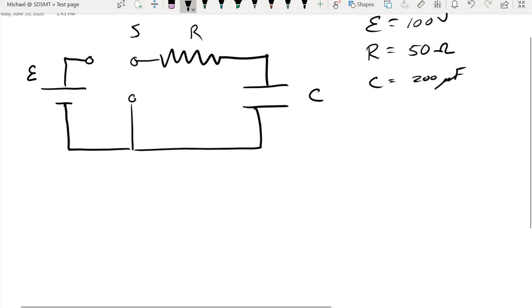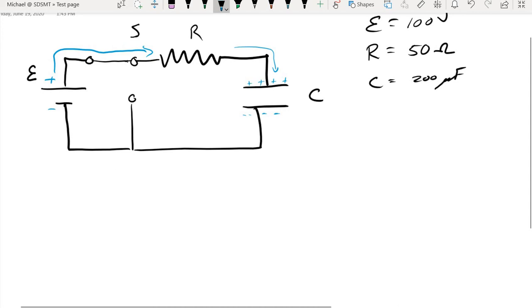So when we close the switch, when we provide this bridge for charge to start moving, charge is going to come out of the battery. It's going to pass through the resistor, and it will start building up charge on the plates of the capacitor. And likewise, we will see negative charges start building up on the bottom plate of the capacitor.